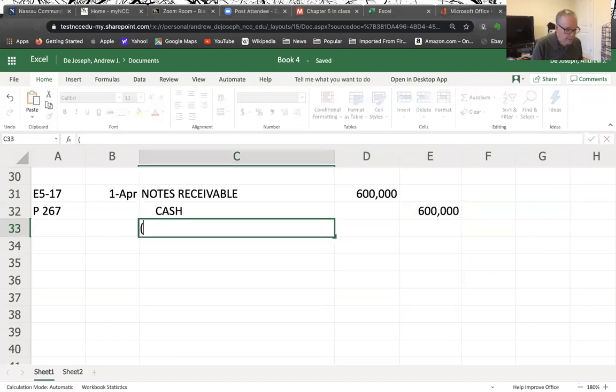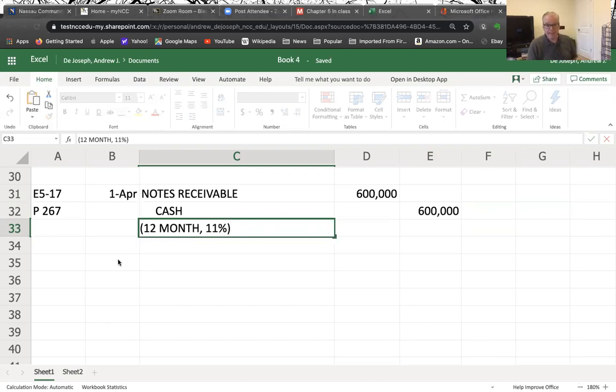And this is a 12-month, 11% note, right?